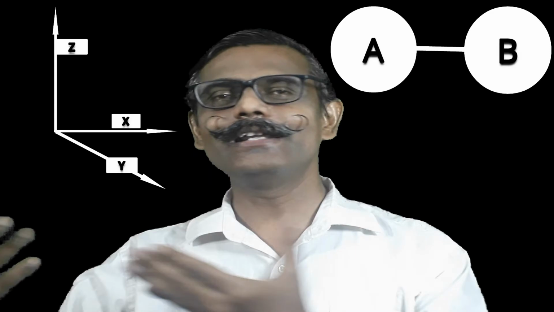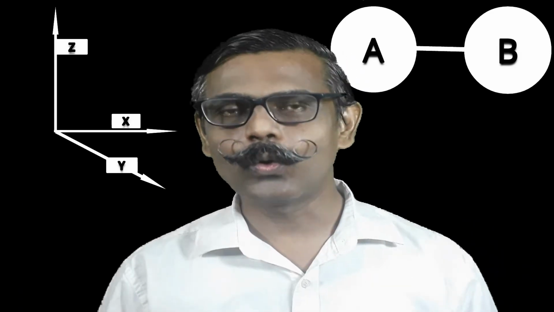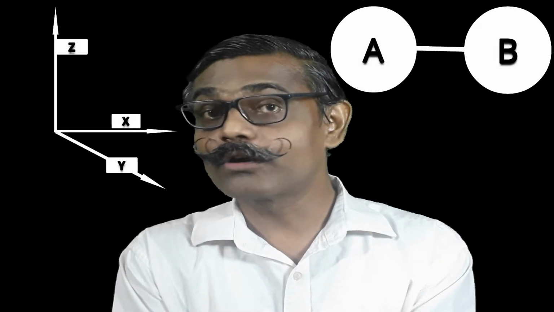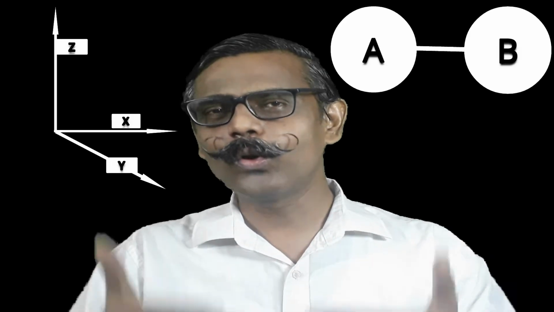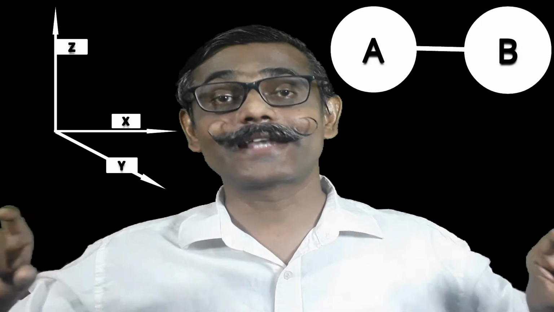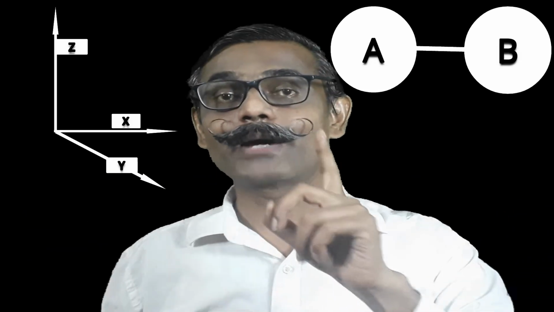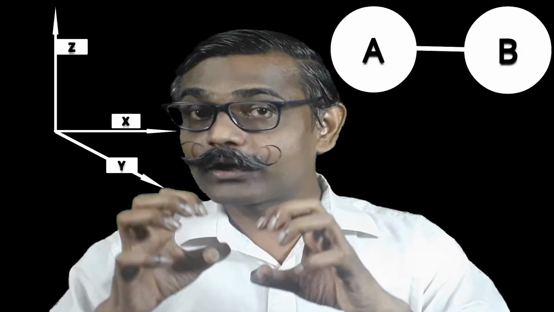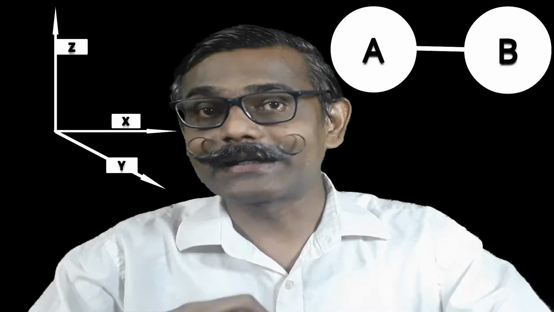If I consider a linear molecule, maybe HCl, NO, CO, or homonuclear diatomic molecules already studied, H2, N2, O2, F2, I will consider all of them along the x-axis. So the z-axis and y-axis will be perpendicular. That is the understanding about the arrangement of the atoms and about the orbitals.